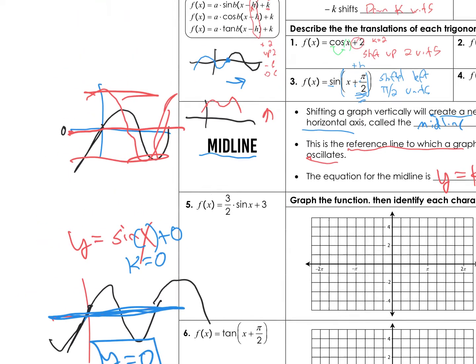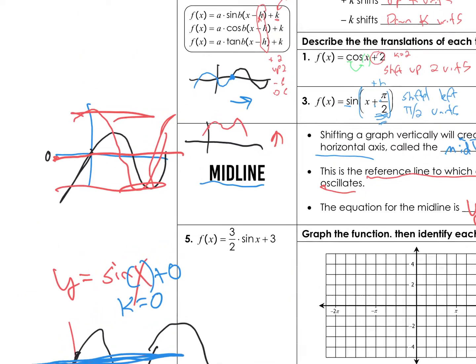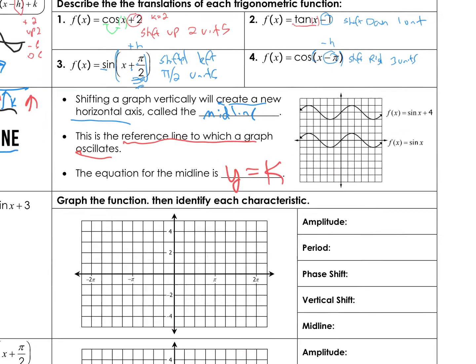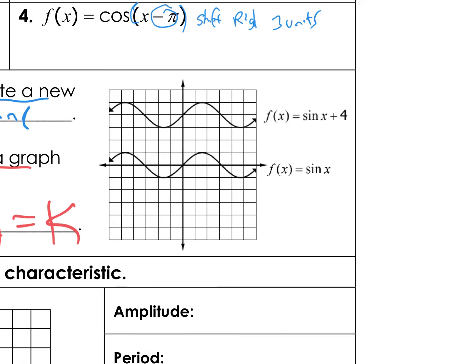Now when we're shifting up and down, like this one, the midline changed. Whatever this k number was became my new midline. Okay? That's all that means. And so we're looking here. Here is exactly what I was just talking about. y equals k. k was equal to 0 plus 0.